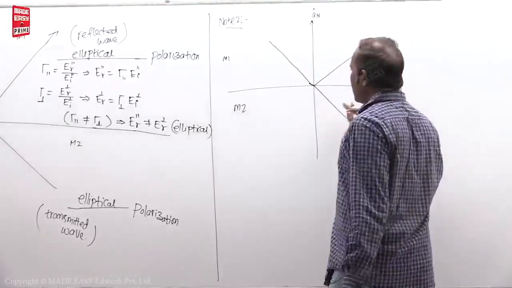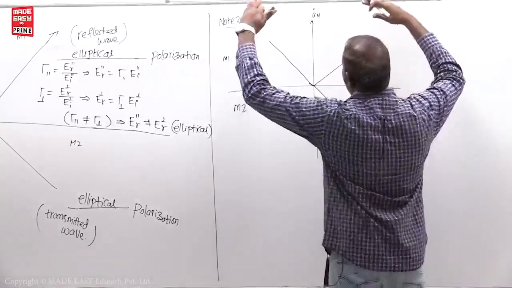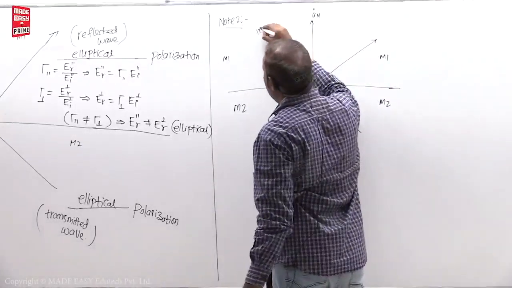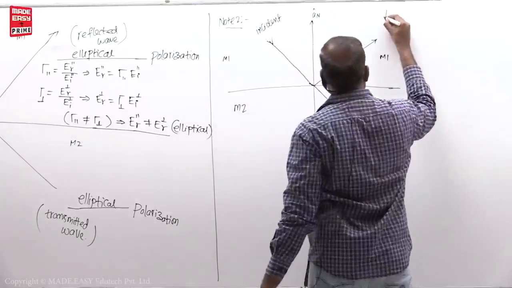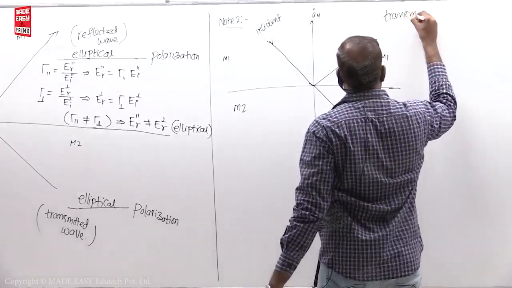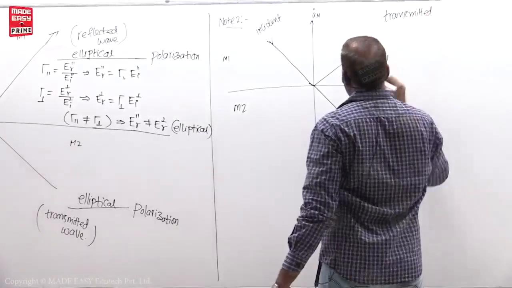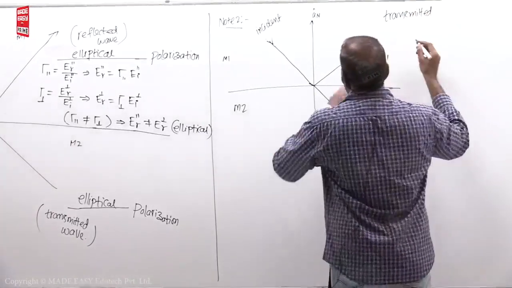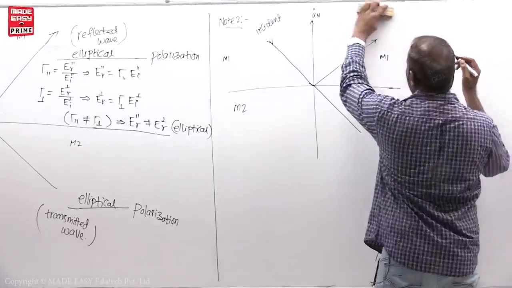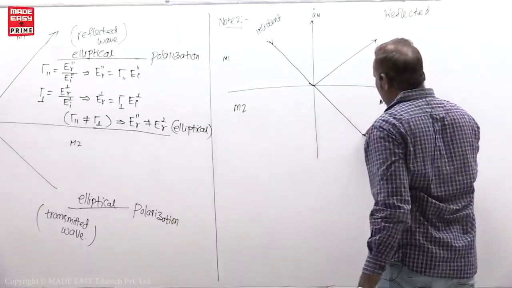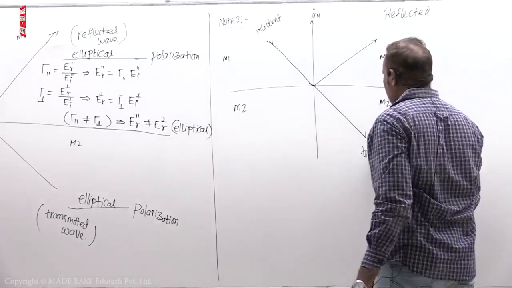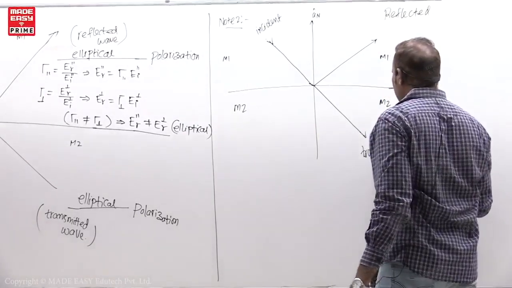This is the incident wave, this is the reflected wave, and this one is the transmitted wave.